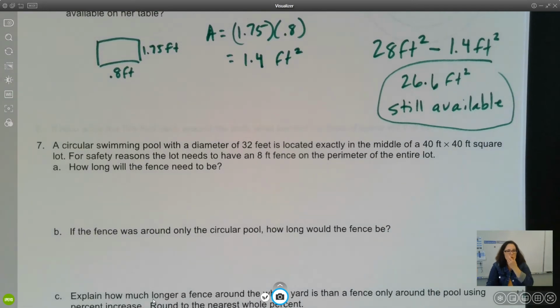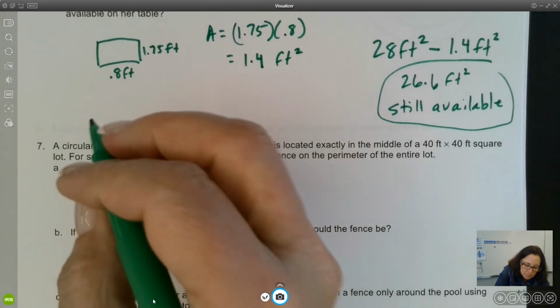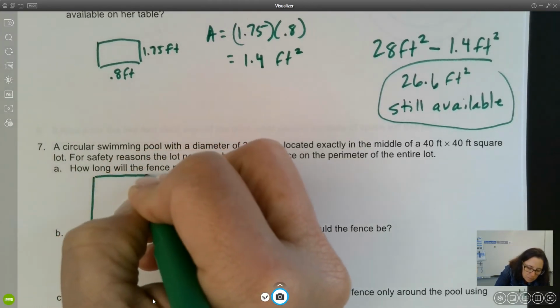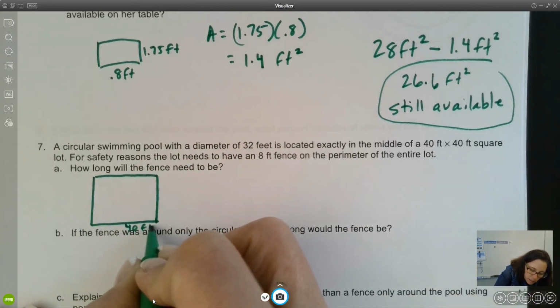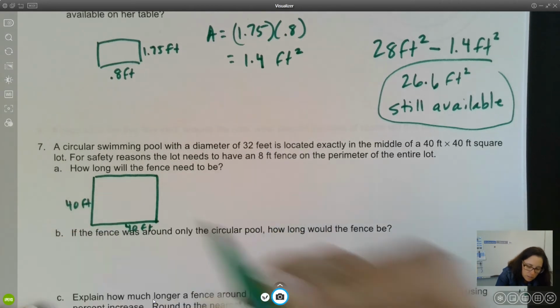A circular swimming pool with a diameter of 32 feet is located exactly in the middle of a 40-foot by 40-foot square lot. For safety reasons, the lot needs to have an 8-foot fence on the perimeter of the entire lot. How long will the fence need to be? Okay, so let's go ahead and draw a picture of this. So we've got this is 40 feet, and this is 40 feet.